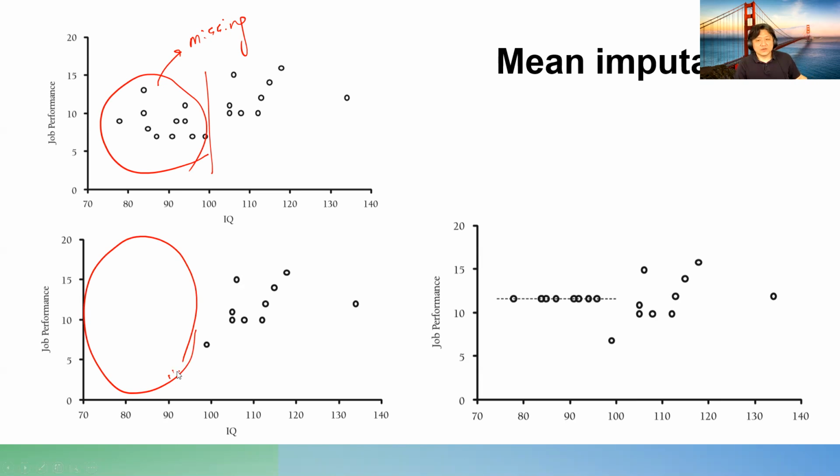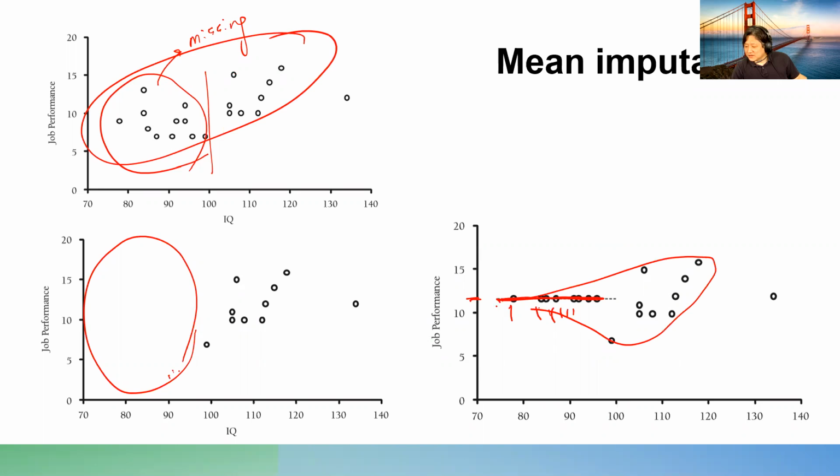But if you impute the mean, we find the mean and impute all the values here, right? So the distribution of your data becomes homogeneous and the variability will be reduced. This is the original data distribution, but this is the new data distribution, right? So this causes a lot of problems in estimation.